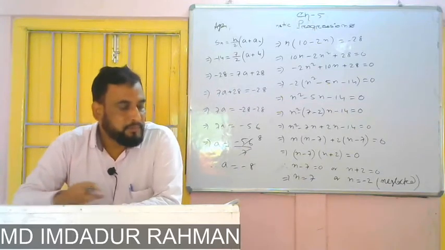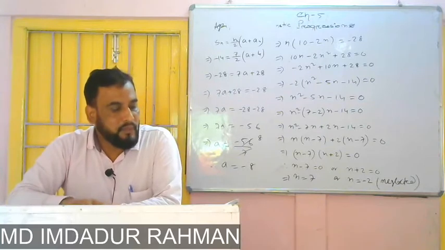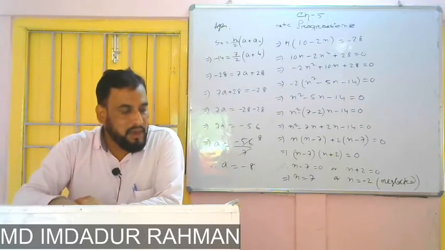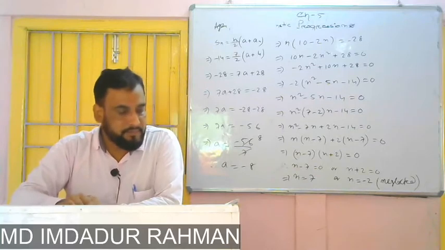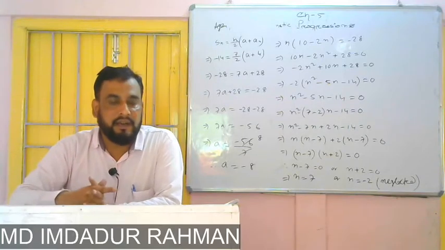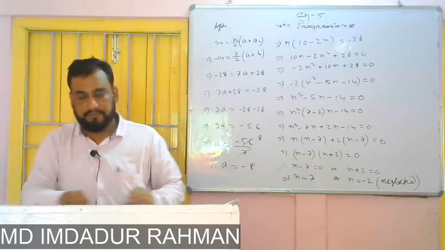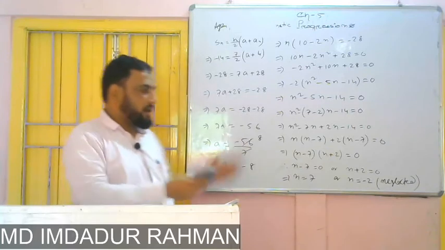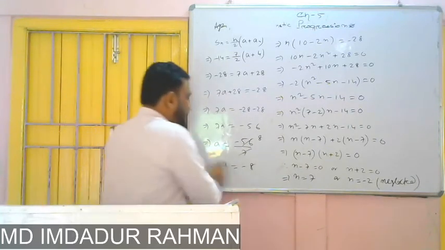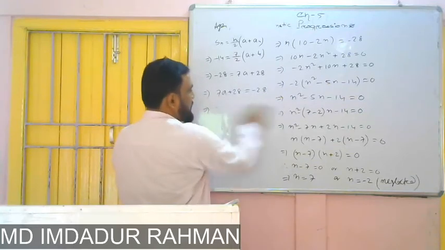Now question number 4. How many terms of the AP must be taken to give a sum of 636? So this was your question number 3, Roman 8. Now we will start question number 4.